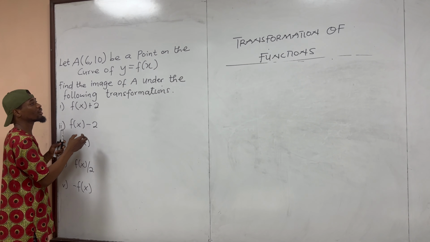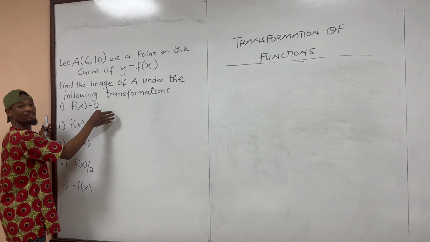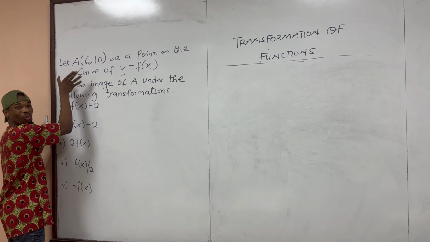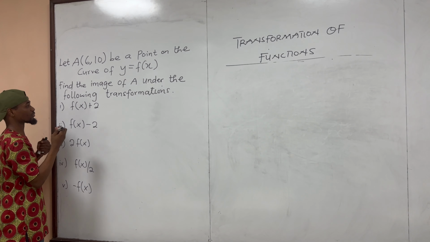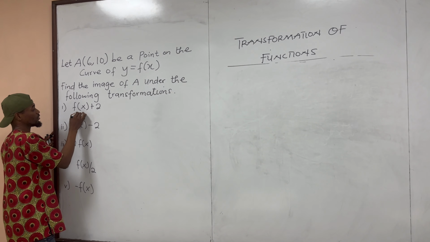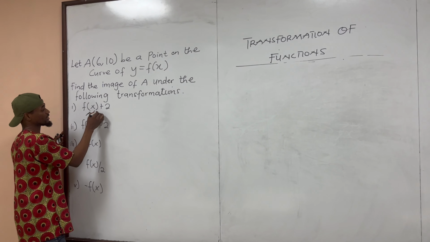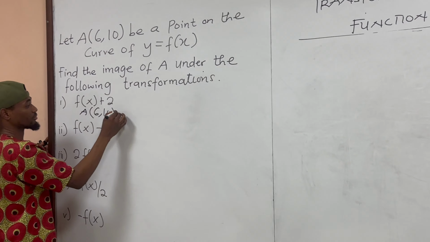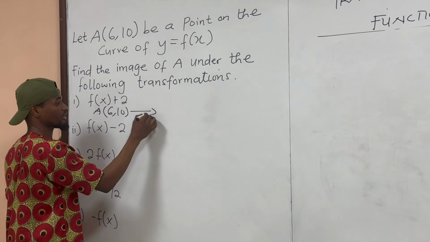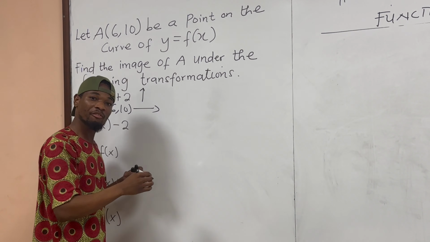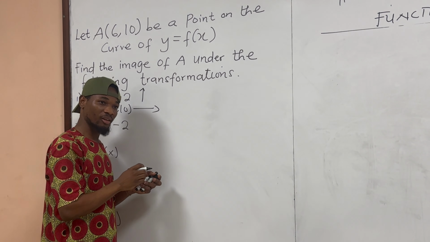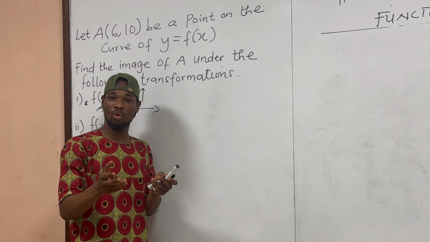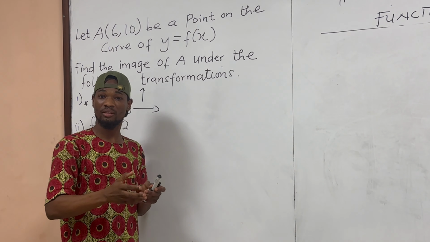But this time around, I'm going to do the transformation on the coordinate given. The original coordinate given was A(6, 10), and we are saying it's a vertical shift. In mathematics, we attribute x to the horizontal and y to the vertical.